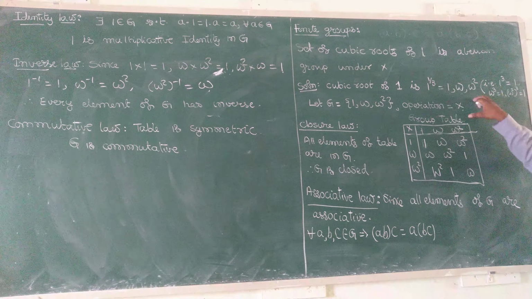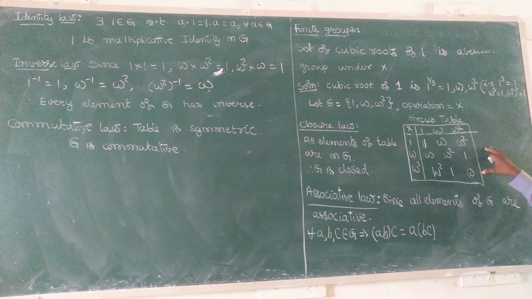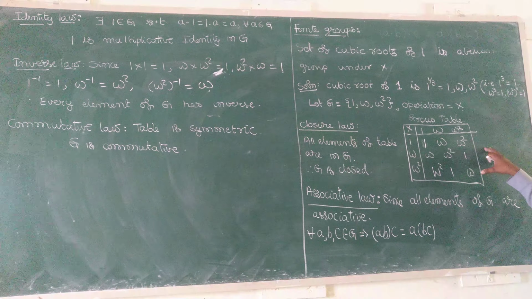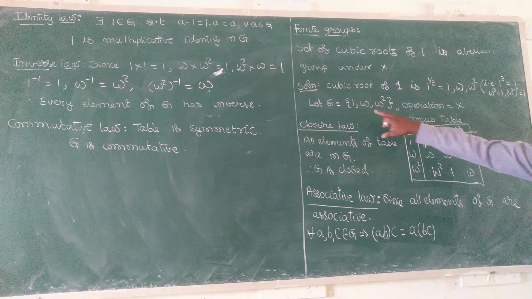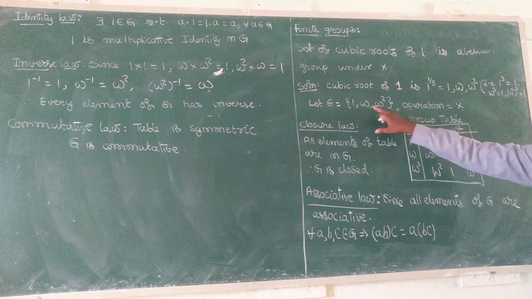So here what we have to prove? We have to prove it is an abelian group under multiplication. Since it has 3 elements, we have to use a group table. What is a group table?